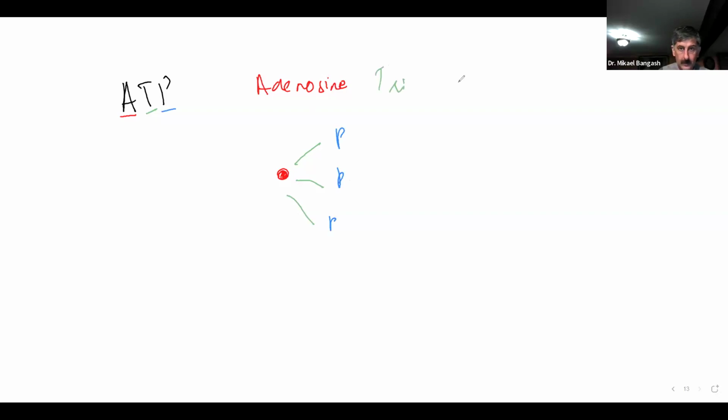The reason that it's called triphosphate is that you have 1, 2, 3 phosphate molecules bound or attached to this adenosine. Did that make sense?